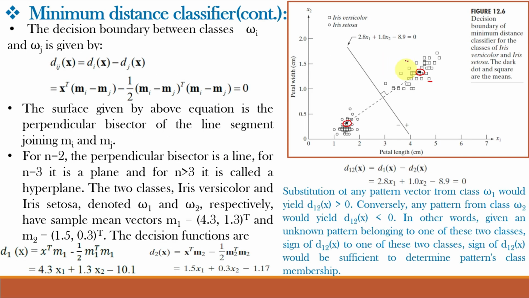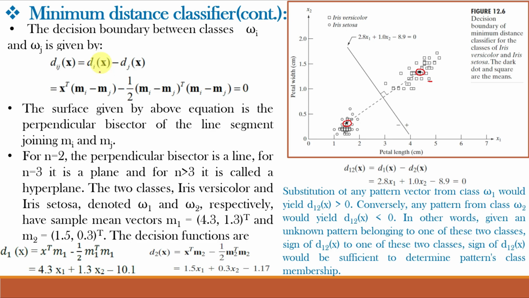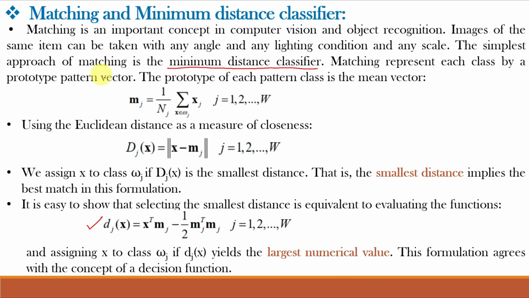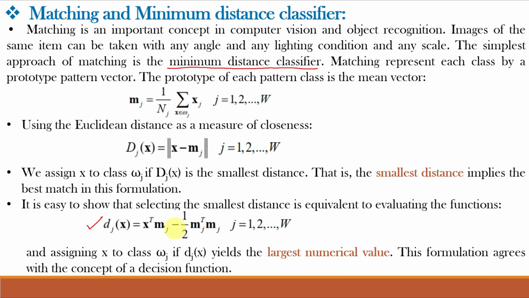Now suppose these are two pattern classes, iris versicolor given by squares and iris setosa given by circles, and the decision boundary between class omega i and omega j is given by this equation. For di of x we can write the equation from this equation; in place of j we replace i, and we replace dj of x from this equation.